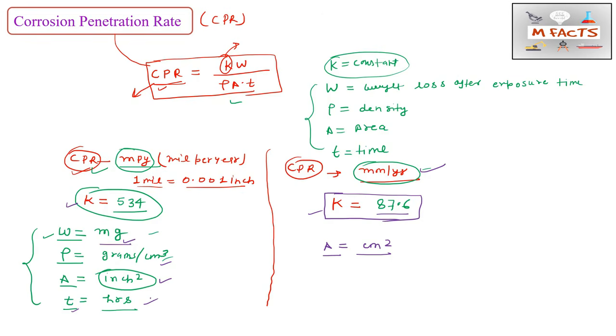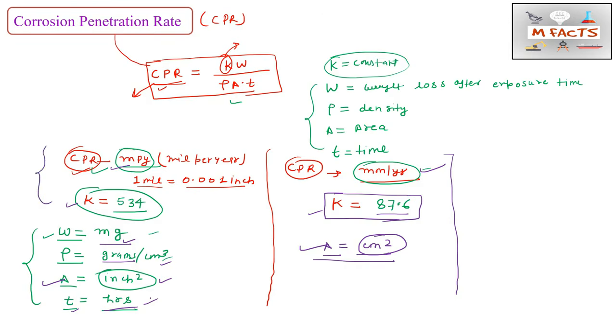So for mils per year we take area in inches square, and for millimeters per year we take area in centimeter square. This is the point where people make silly mistakes, so please try to understand this concept.